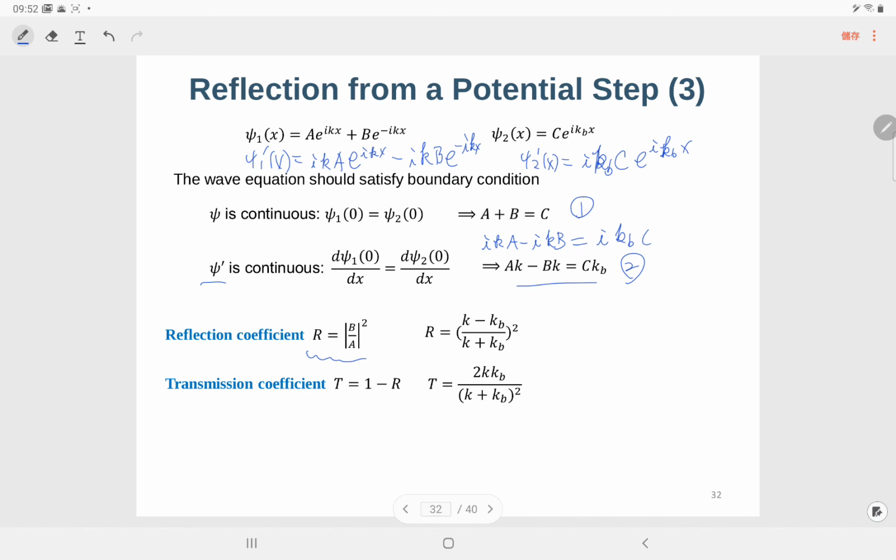From equation 2, you will have k times a minus b equals c kb. And actually, c is a plus b, so it becomes k, a minus b equals a plus b, times kb.